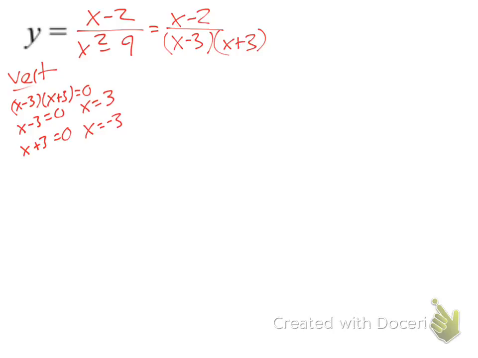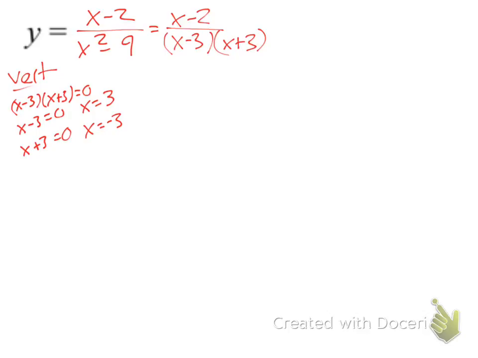Now, this is where I want you guys to realize that if I left it as x minus 3, as a mathematician, I'm thinking that's a vertical line at 3 and a vertical line at negative 3. As soon as we say, hey, I have an x-intercept at 3, we all know where to look, right?